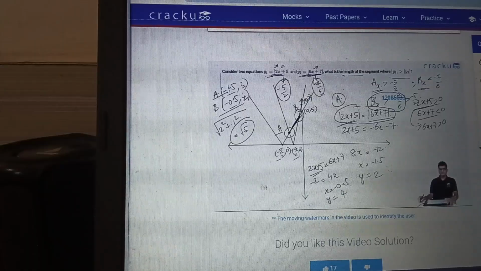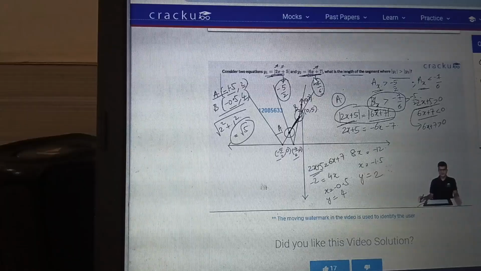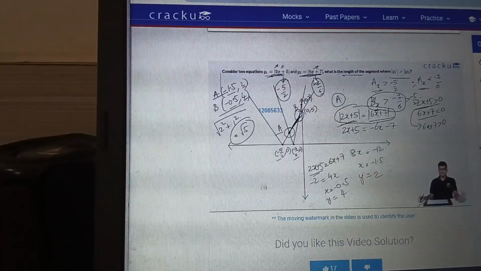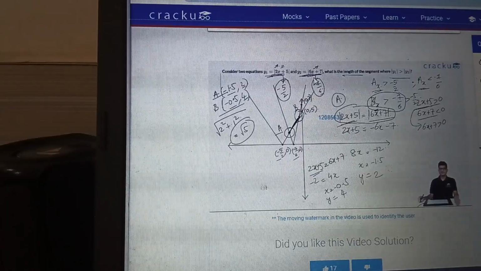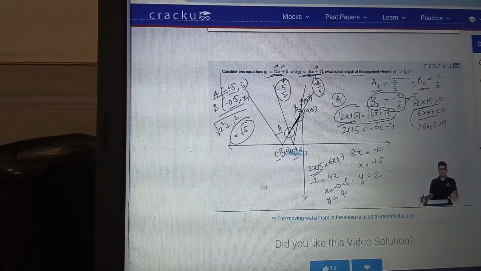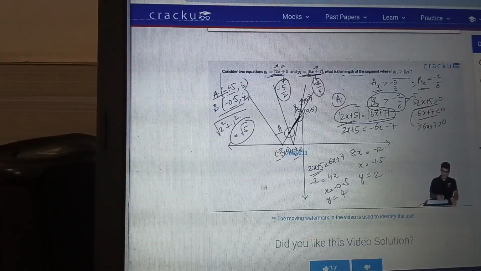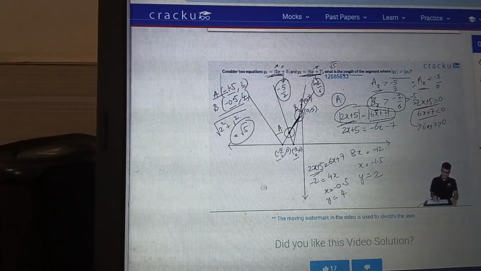Without even drawing the graph, you can solve this question, but then you will have to consider multiple cases. And in some of the cases you will find contradictions, so you will not pursue them. But if you draw the graph, it will be easy for you to pinpoint what are the cases that you need to consider, and getting the answer is slightly faster. So the correct answer in this case is square root of 5.